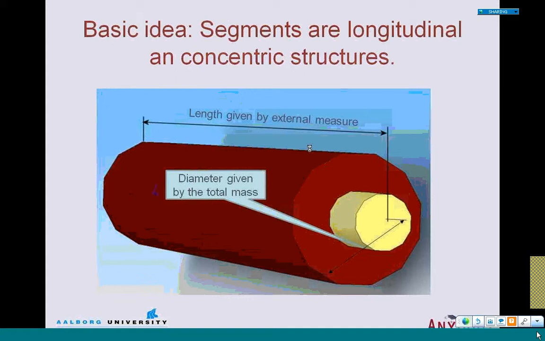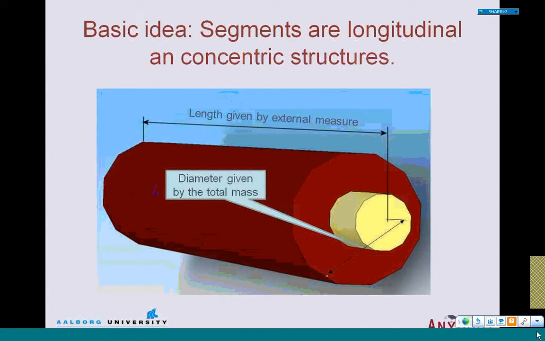And obviously, each segment will have a length which can be given by some sort of external measure. So you can simply take a tape measure and measure the length of a given segment in the model or in a test subject. And then you can see that in a model like this with concentric circles, we also have an external diameter that we need to come up with, and this external diameter could then be given by the total mass.